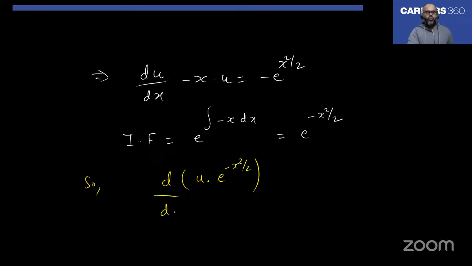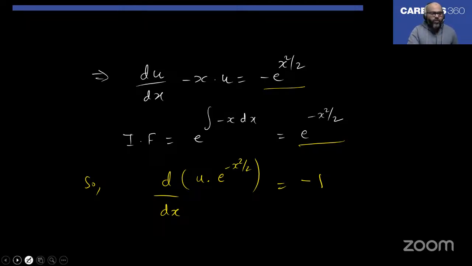You can check also, when you do this, you will get the LHS after multiplying it by e to the power minus x square by 2. Here it is e to the power minus x square by 2 and minus e to the power x square by 2, so it will become minus e to the power 0, that is 1. X square by 2 minus x square by 2 in the power will become e to the power 0, that is equal to minus 1.